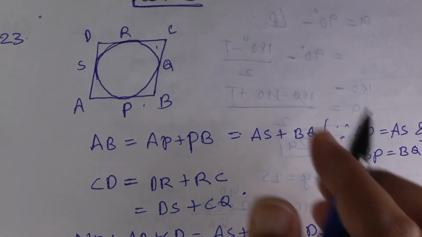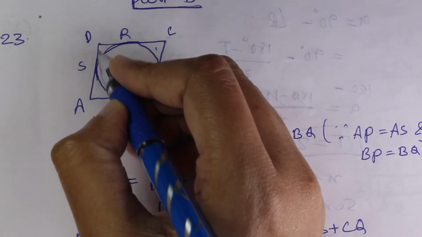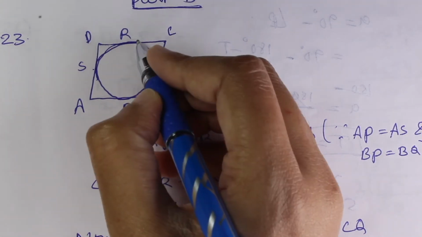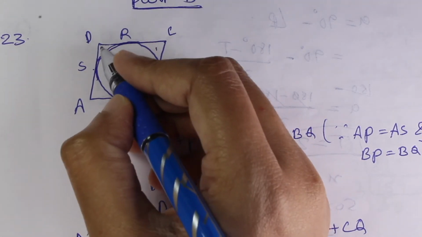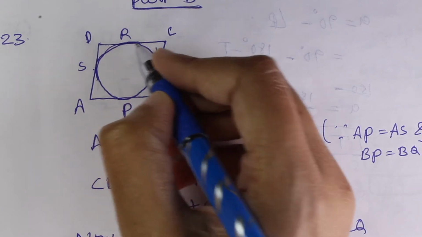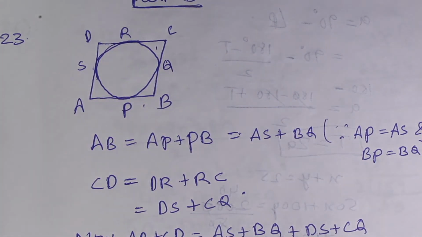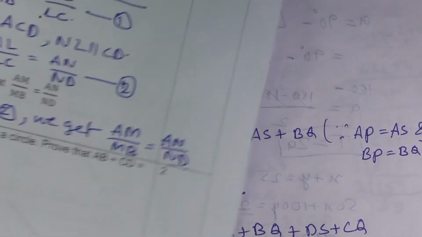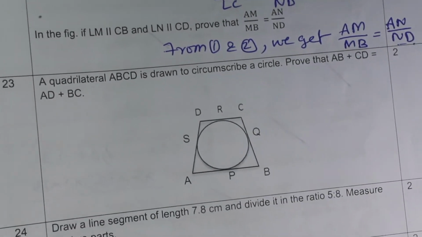Here is the diagram. So here DS and DR become the tangents to the circle, right? So DS is equal to DR. I'll show you here in this diagram.